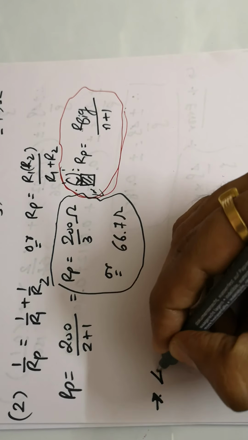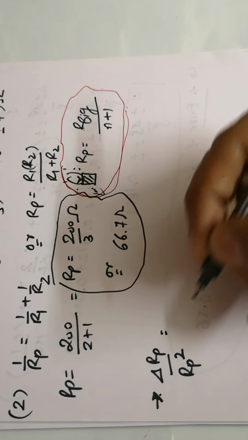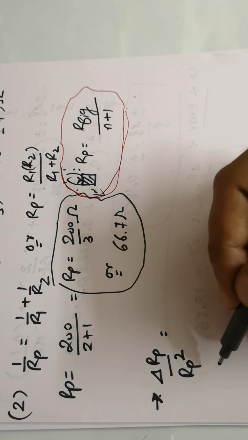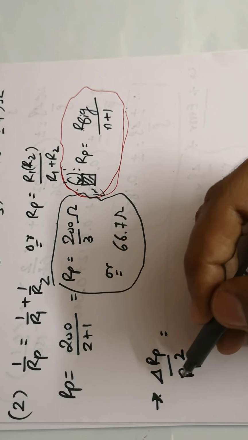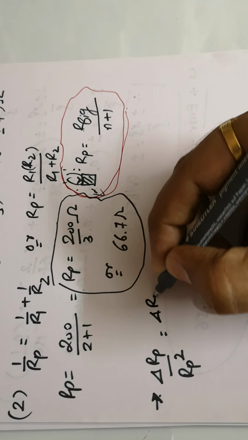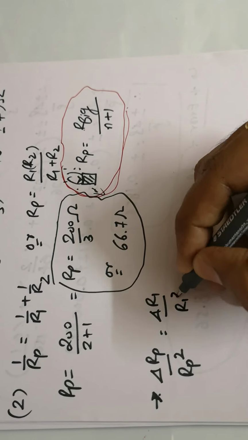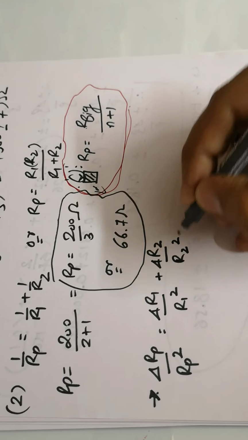Now this is the tricky part which is coming, that is delta R of parallel divided by R of parallel's square. Whenever something is in the denominator and you want to find it out, it's a parallel part, always go in the denominator's square. This is the only complicated part. Same is the case for delta R1 divided by R1's square and delta R2 upon R2 square.